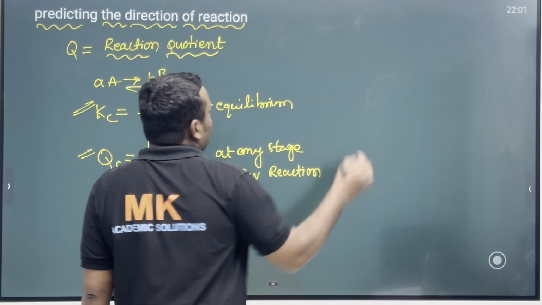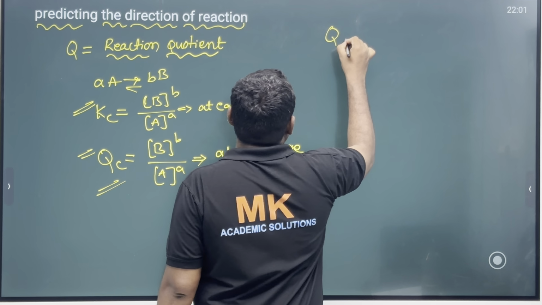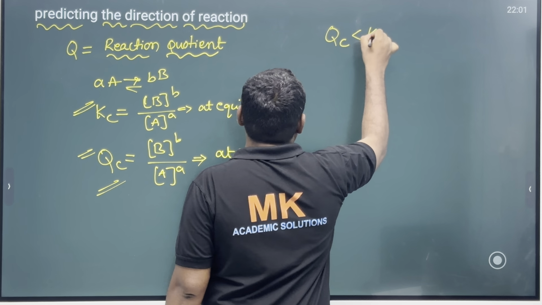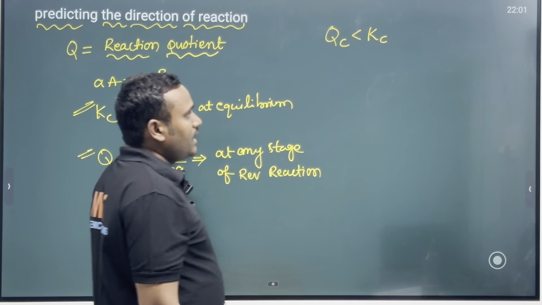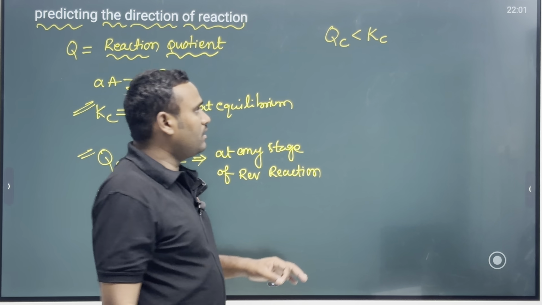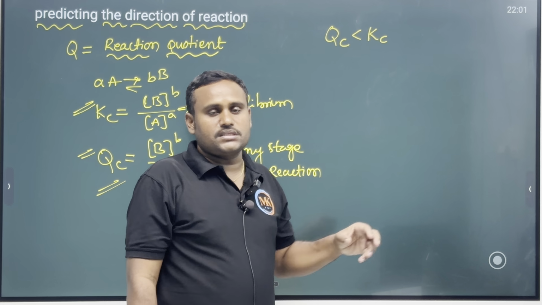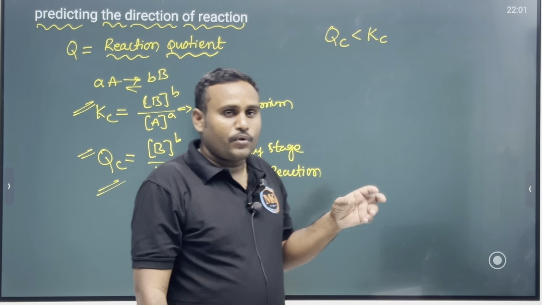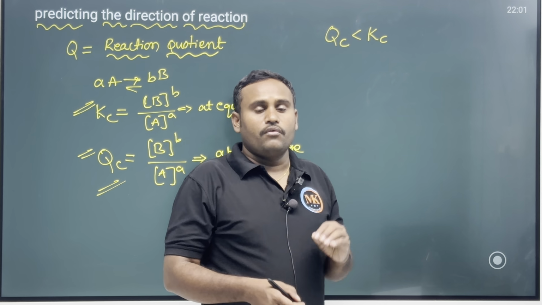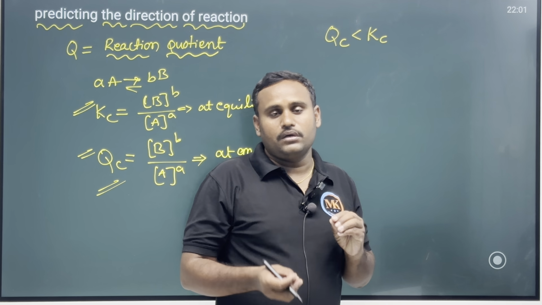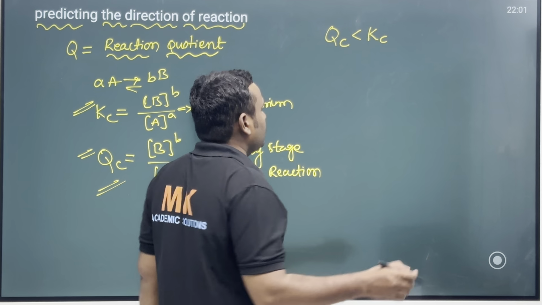So simply remember, Qc is less than Kc, which means, children, the number of moles of products is very less when compared to the equilibrium state.